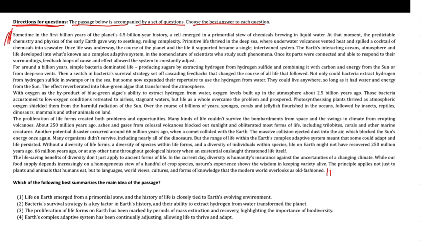Now, look into the question. What does the question point out here? Which of the following best summarizes the main idea of the passage? And here there are four options which have been provided. Let's look at which one option gives the main idea of the text.